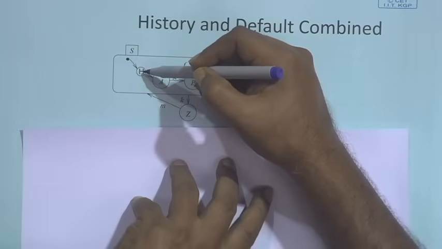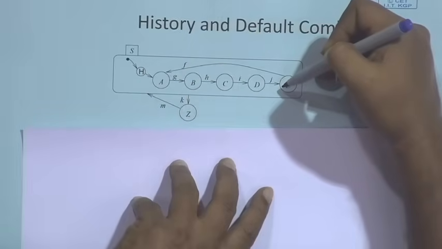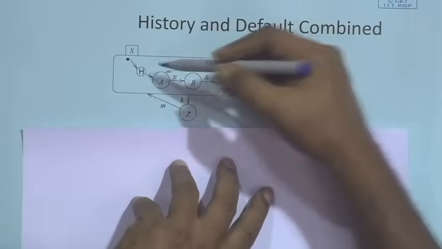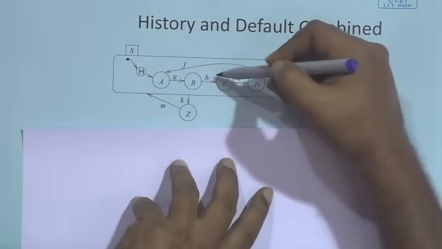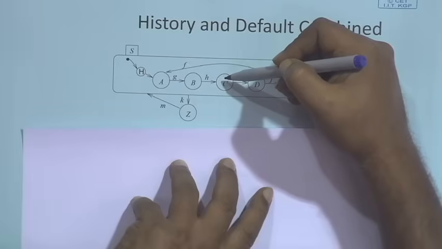The default node will check the history node. If the history node does not tell of any other node from where I exited, if the history is empty, then I will come to A, to my default node. Otherwise, this will direct me to this node.